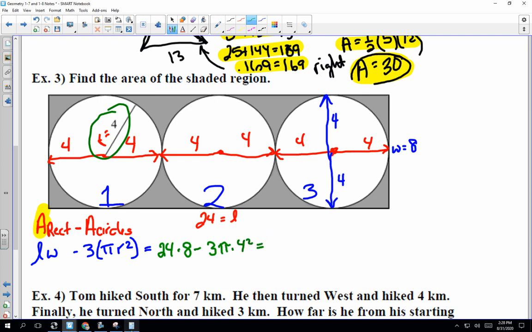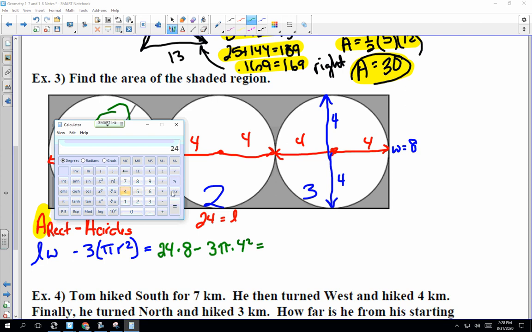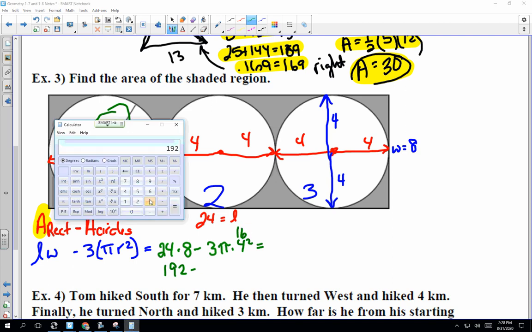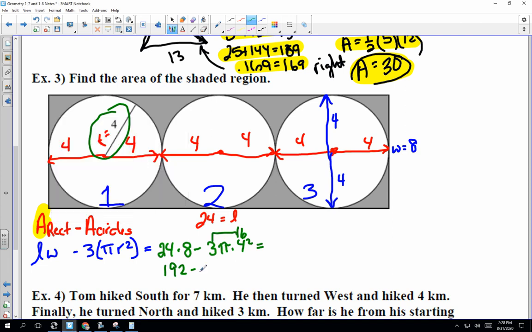Okay, I'm getting my calculator, calling in the big guns. 24 times 8 is 192. 4 squared is 16, and 3 times 16 is 48. So we combine the numbers together, 3 times 16, which is 48. And then we stick the pi on there. This is the exact amount.